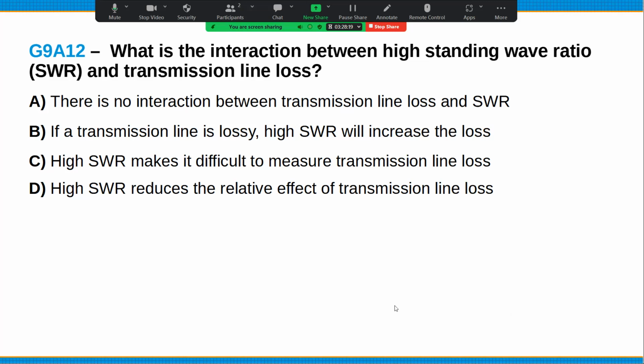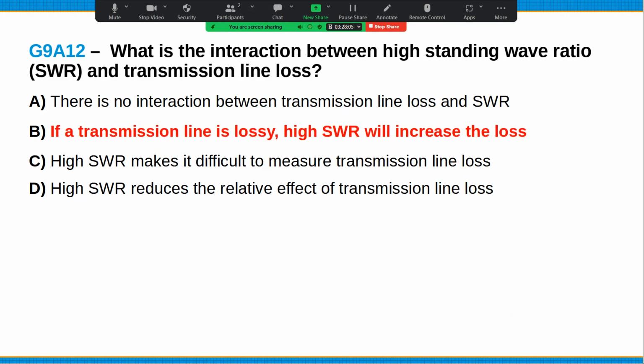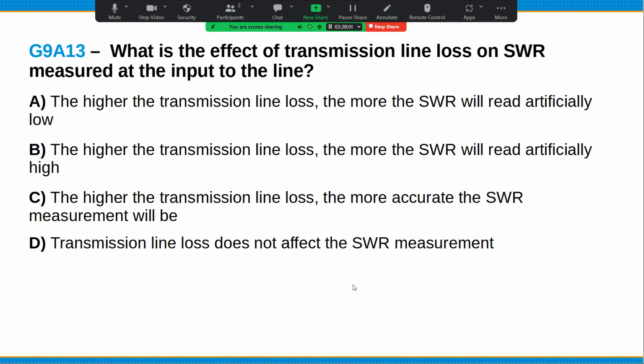What is the interaction between high standing wave ratio, SWR, and transmission line loss? Yep, SWR increases the loss.